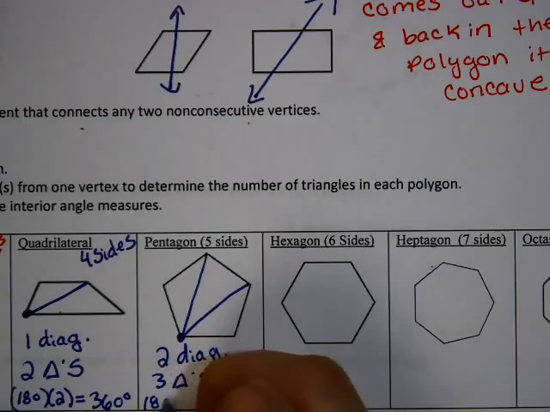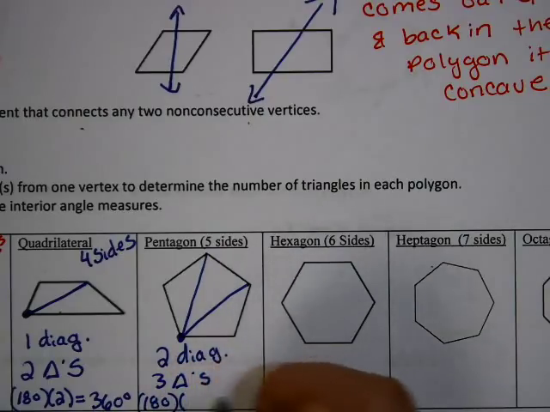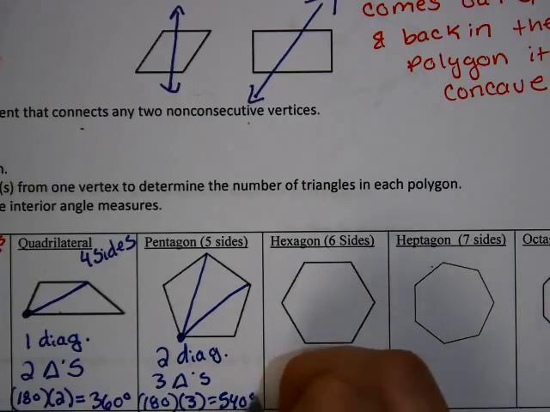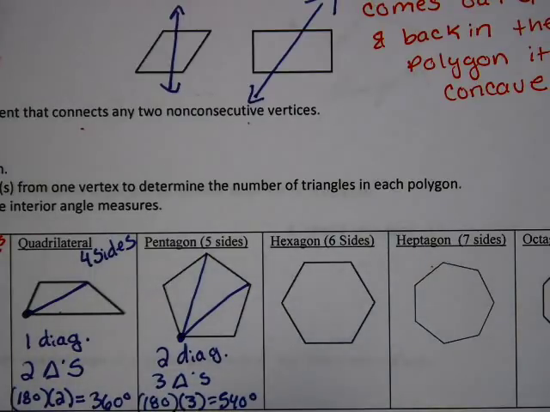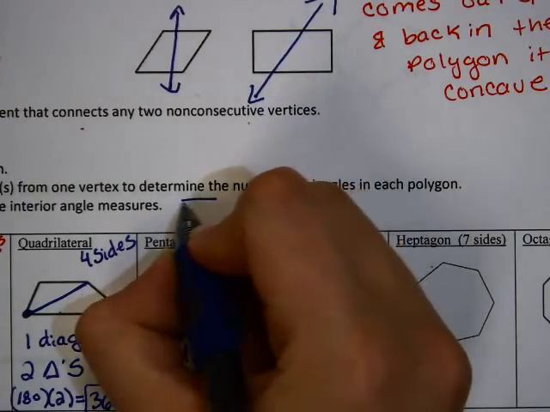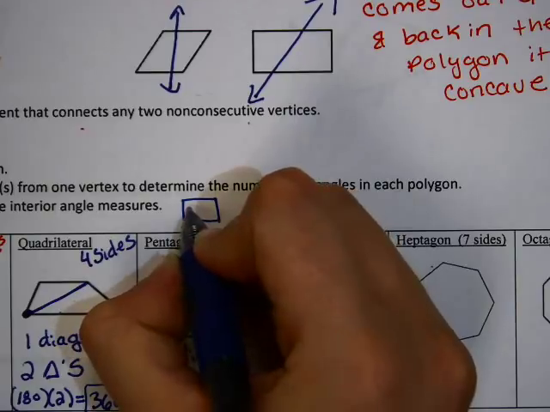So if I take 180 times 3, I get 540 degrees. Okay, so each one of these is the sum of my interior angle measures. Okay, so each one boxed is the sum.